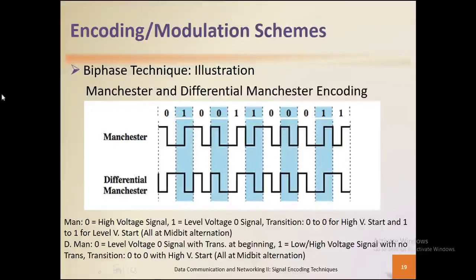Okay? With Manchester, zeros are high voltage starts, ones are low voltage starts. We need no transitions within the various states that we have.